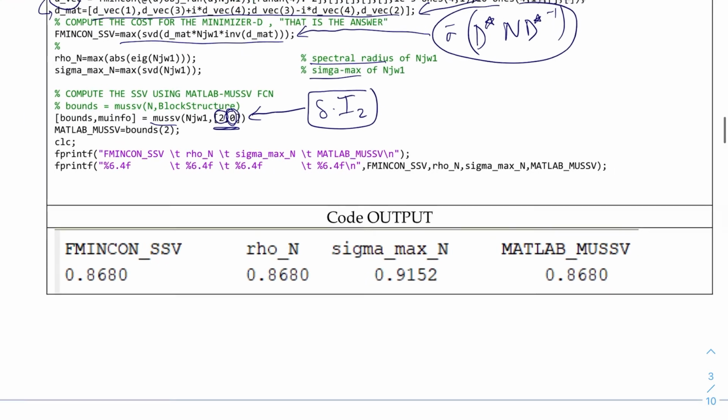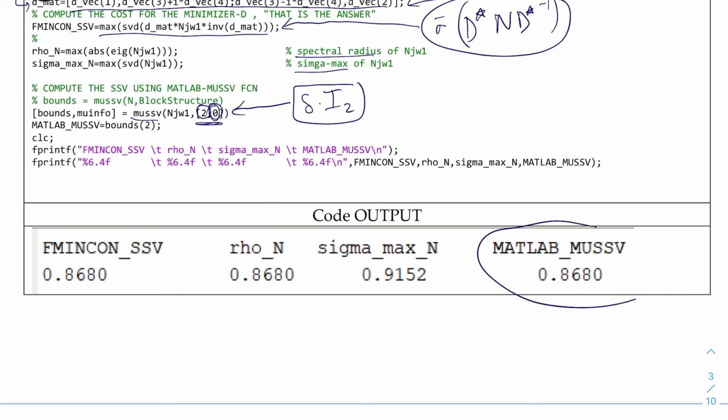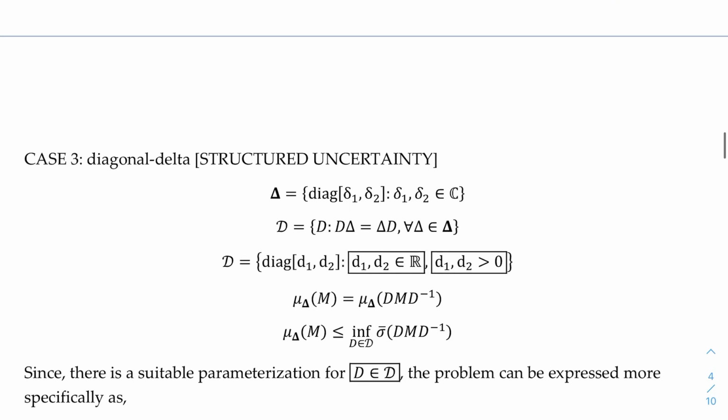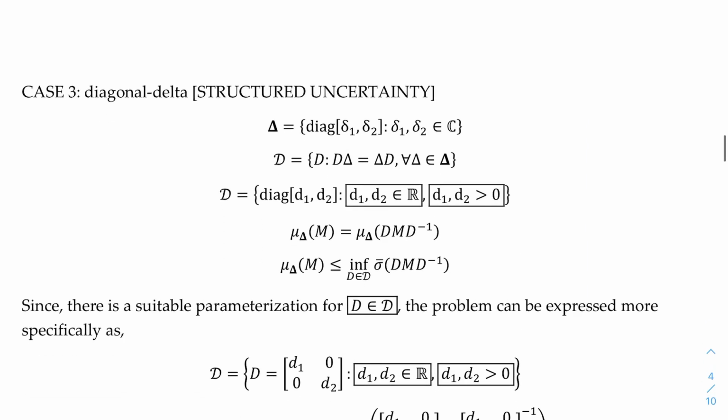Again we write down the MATLAB mu SSV value and the SSV that we computed using the FMINCON function.